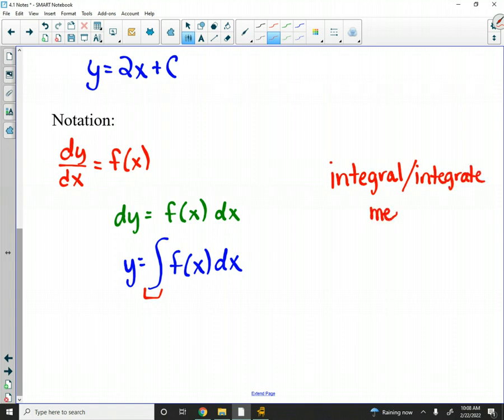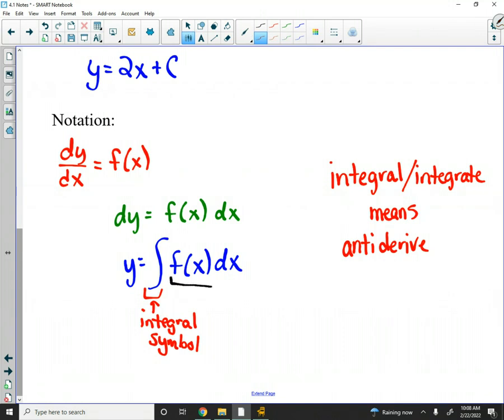That means antiderive, so they're synonymous, and this little squiggle is an integral symbol. Then this object that we're antideriving, the thing we're figuring out the antiderivative of, is called an integrand.